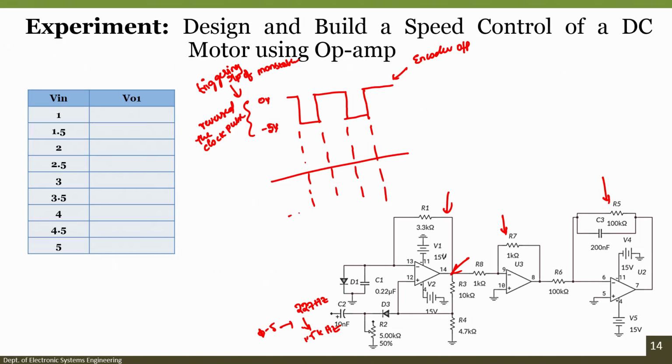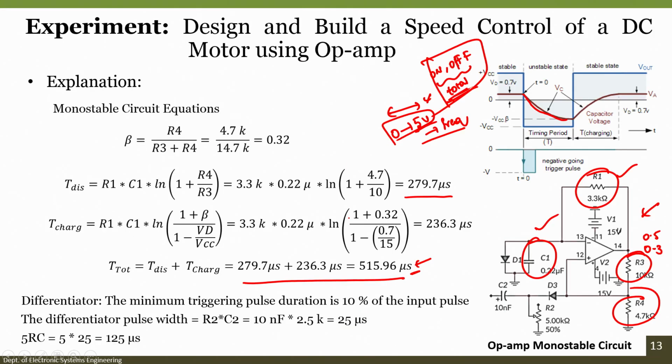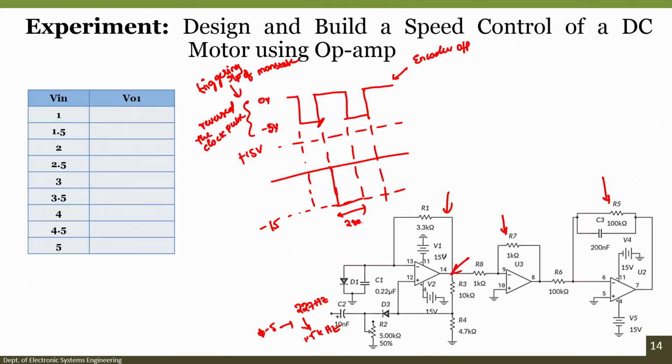So, if this is the plus 15 range and this is the minus 15 volts range, we understood that whenever there is a negative spike, in this case there will be a negative spike at this point, we got a fixed pulse with a duration of 279, approximately 280 microseconds.